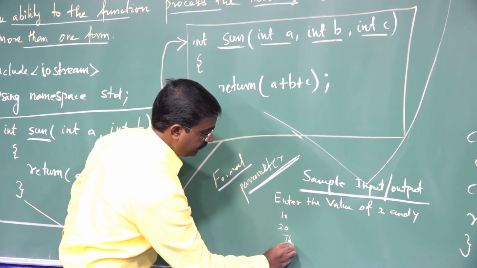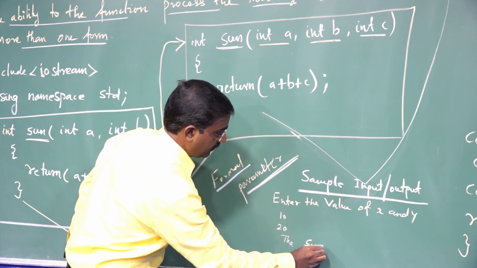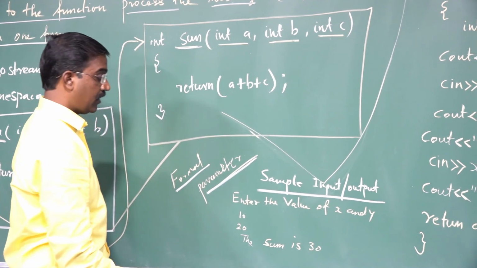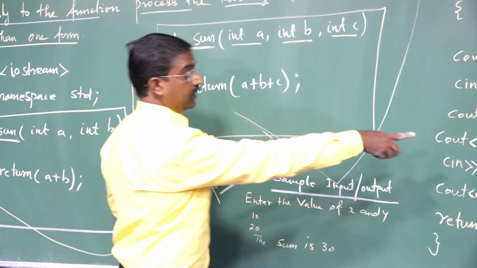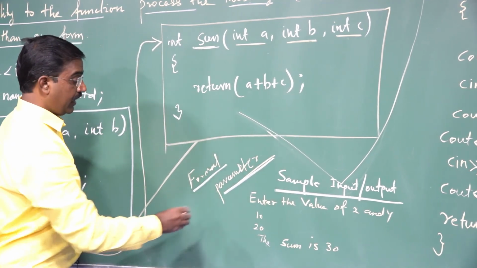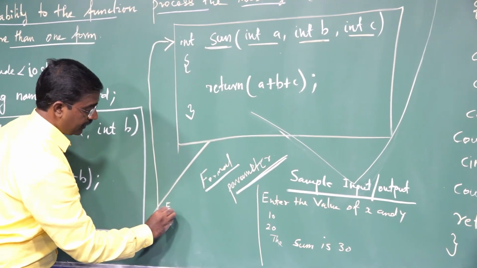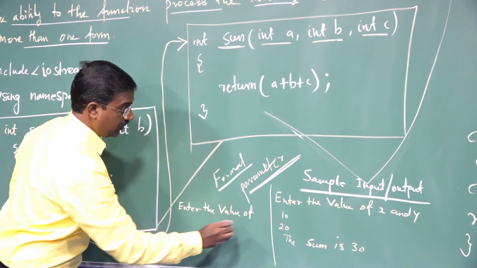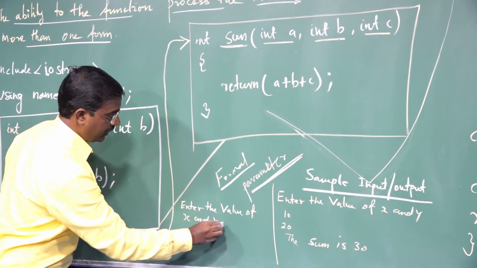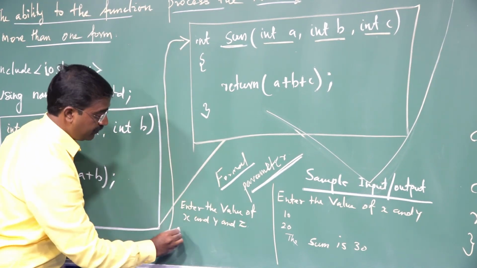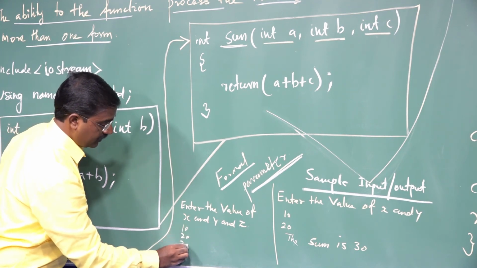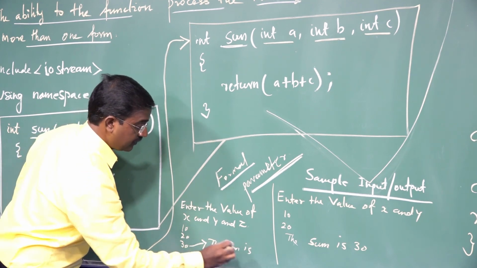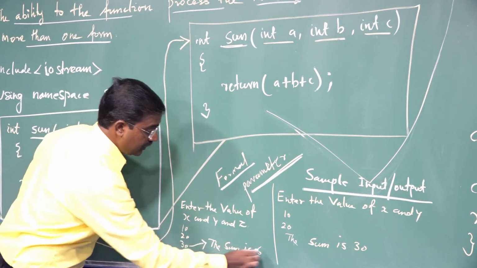So the sum is 30. Now the same with 3 numbers, x and y and z. Enter the value of x and y and z. The input is 10, 20, 30. So the sum is 10 plus 20 plus 30, 60.